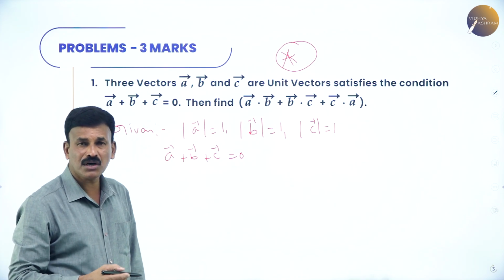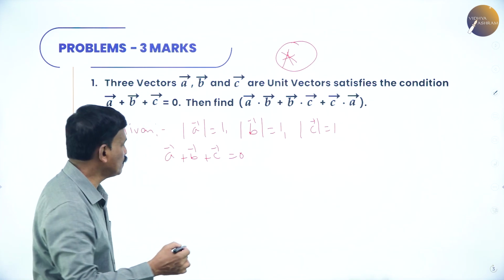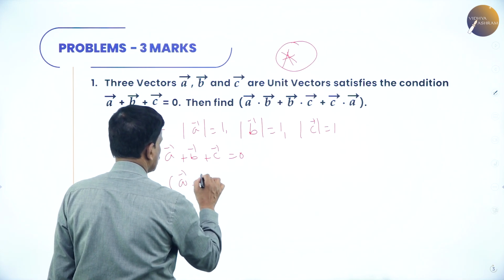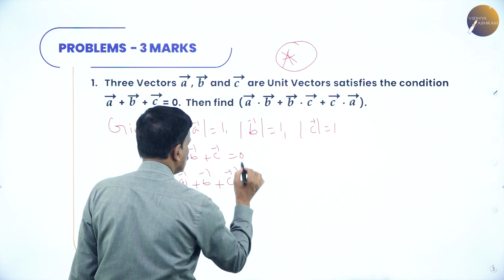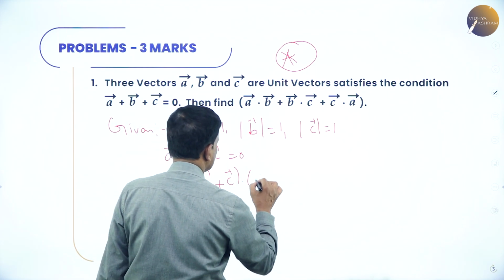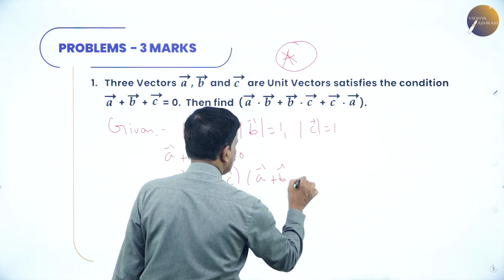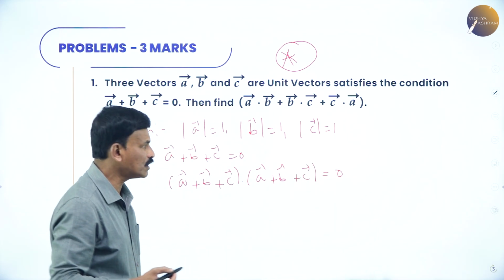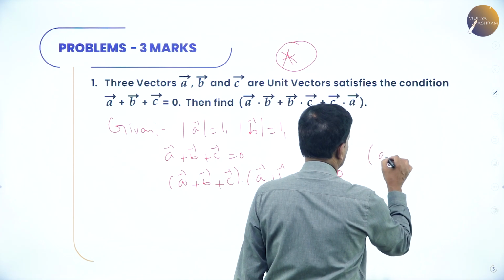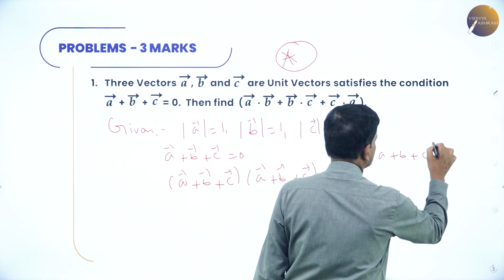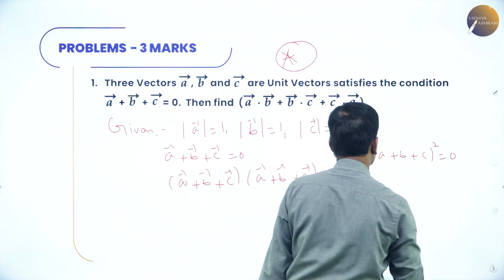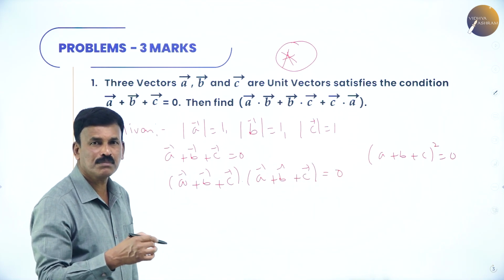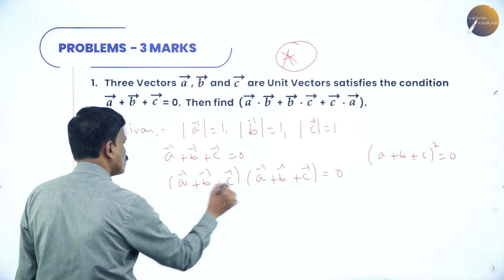Now, just take the dot product on both sides of A plus B plus C. So, taking the dot product, we can write (A plus B plus C) dot (A plus B plus C) is equal to 0, since 0 into any number is 0. Or you can also write it like this, squaring on both sides, (A plus B plus C) whole square is equal to 0. Just multiply it.